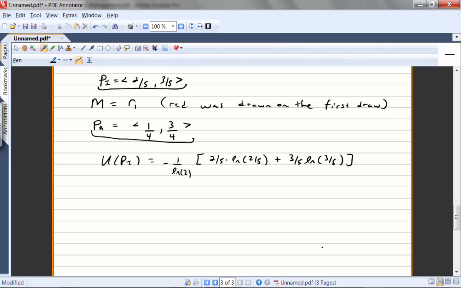And this is approximately 0.4 times ln 0.4 plus 0.6 times ln 0.6, and then divide that by negative ln 2.